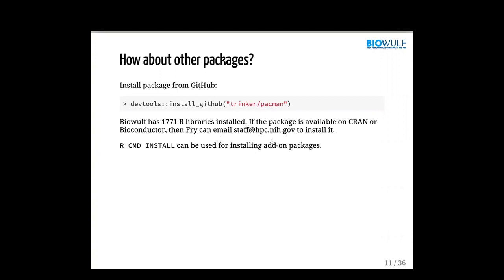However, packages from GitHub might be more experimental and could include bugs. So if he wants to use them, it's better to install them in his home directory and test there. Occasionally, you have to compile from the source code, then you can use the R CMD INSTALL function.